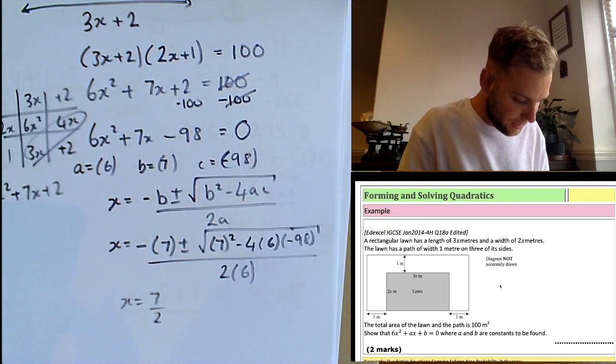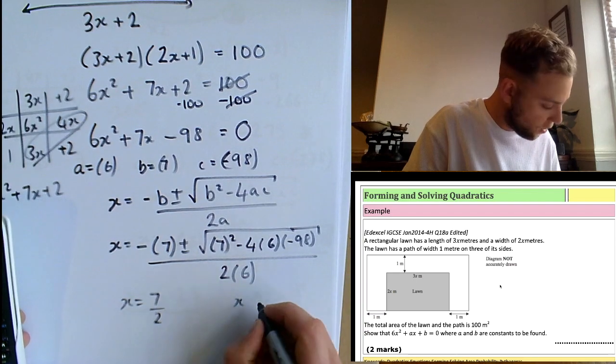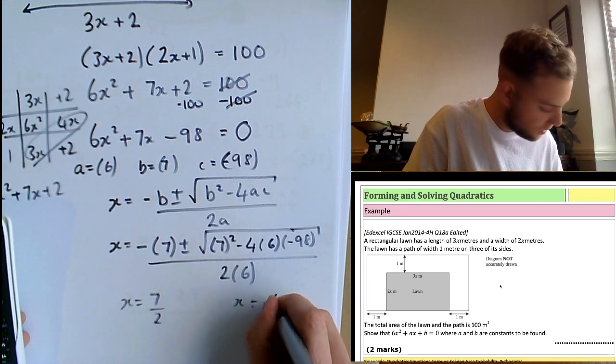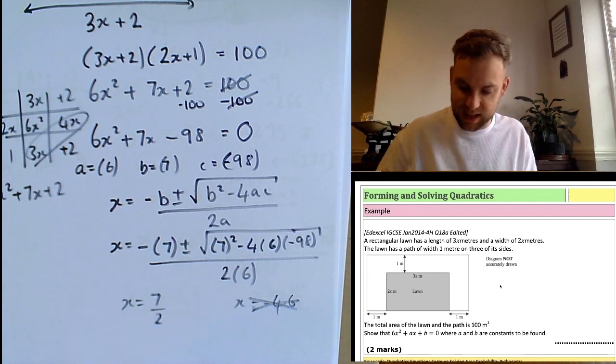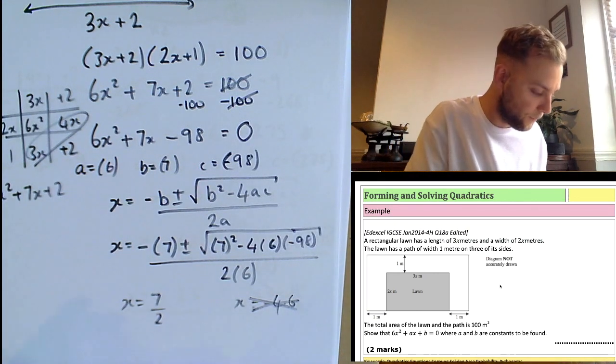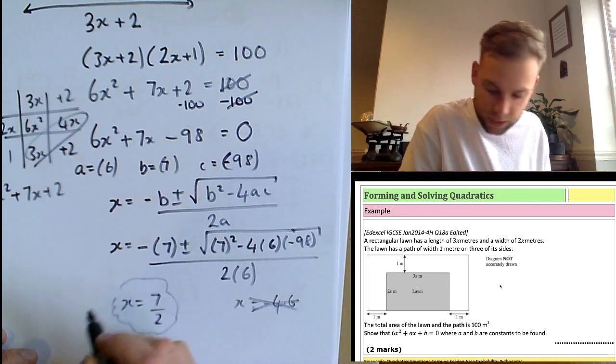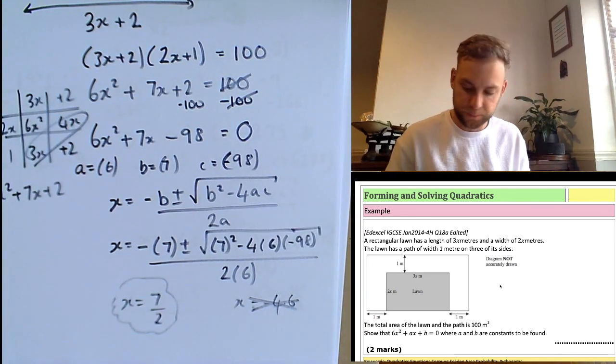Or go back, change that positive to a negative. We get x is equal to minus 4.6 recurring, so it can't be that one. So our answer here is the 7 over 2. So I've just worked out what x is. Absolutely perfect.